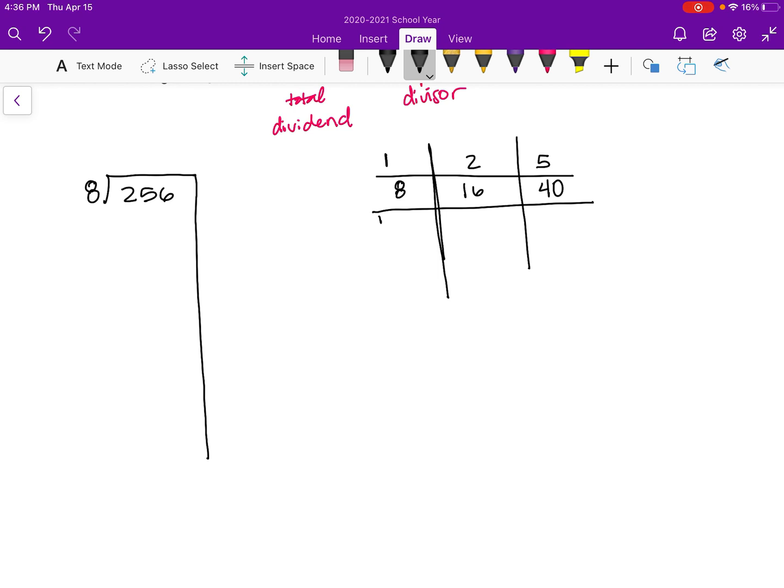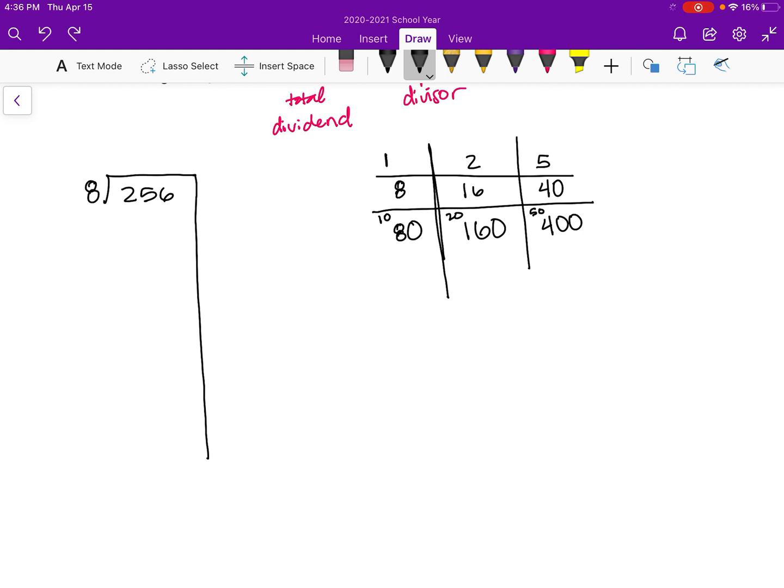I'm also going to multiply by 10, 20, and 50. I want to get as close to 256 as possible. By just adding a 0 to the end of the 1, the 2, and the 5, I can just add a 0 to the end of the answer. So I have 10 times 8 is 80, 20 times 8 is 160, and 50 times 8 is 400. So you can see I just added a 0 at the end.